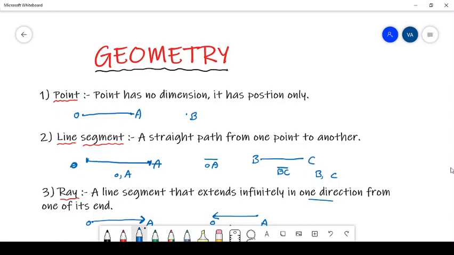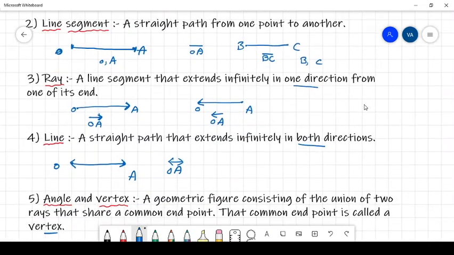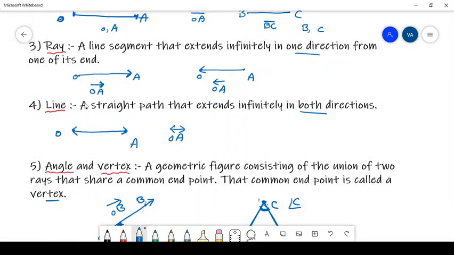Ray is denoted like this, OA with an arrow mark. ఆరో మార్క్ ఇటు సైడ్ ఉంది అంటే అది రైట్ సైడ్, అంటే పాయింట్ A నుంచి ఎక్స్టెండ్ అవుతుంది. ఇట్లా OA ఈ డైరెక్షన్లో ఉన్నప్పుడు O నుంచి ఎక్స్టెండ్ అవుతుంది.